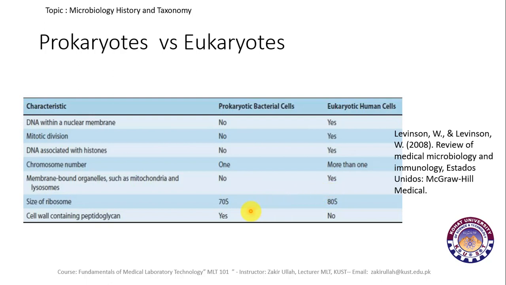The size of ribosomes is smaller in the prokaryotic bacterial cell, overall 70S, with a larger subunit of 50S and a smaller subunit of 30S, whereas in eukaryotic cells the overall size of the ribosomes is 80S. A cell wall containing peptidoglycan is present in the prokaryotic bacterial cell, but absent in the eukaryotic human cell.